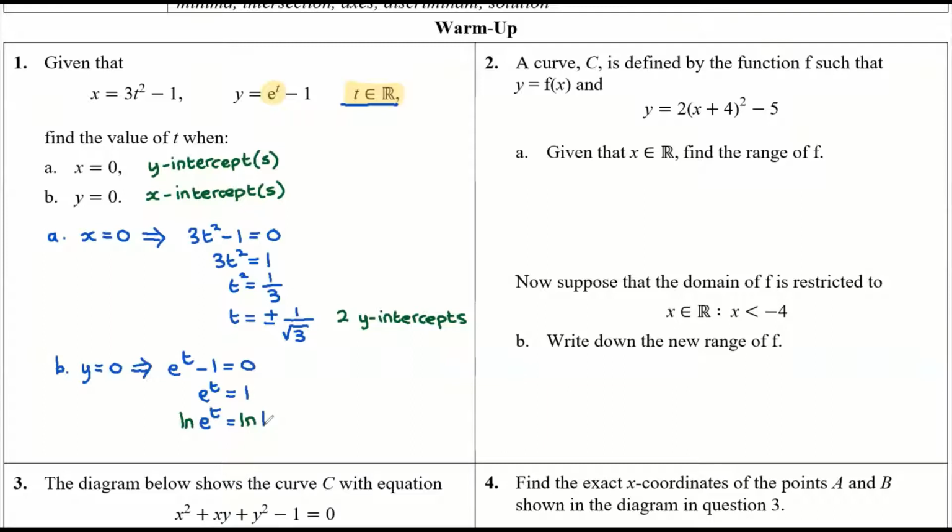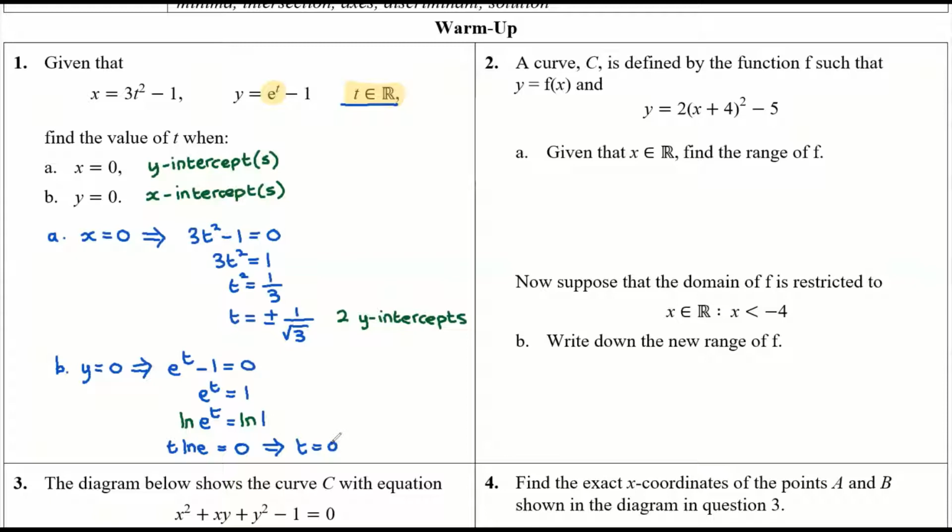The natural log and e are inverse operations. So that just becomes t essentially, because the t will come down to the front. And the natural log of e is just 1. And the natural log of 1 is, of course, 0. So that means that t is equal to 0.